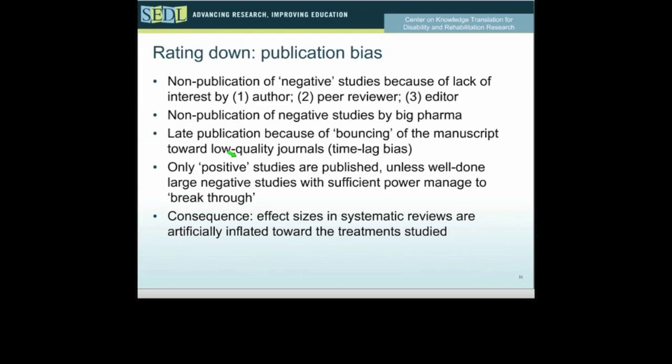If you have reasonable evidence that there is publication bias in the area that you are doing your systematic reviewing in, you again may rate down the quality of your evidence because quite possibly some important information is missing.